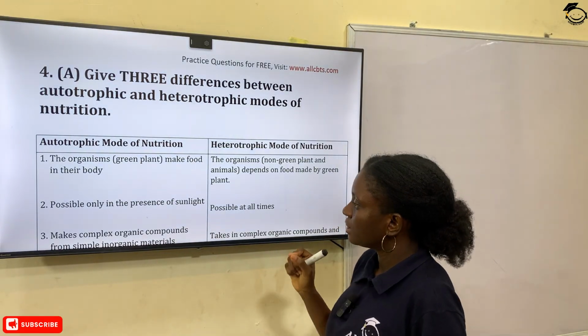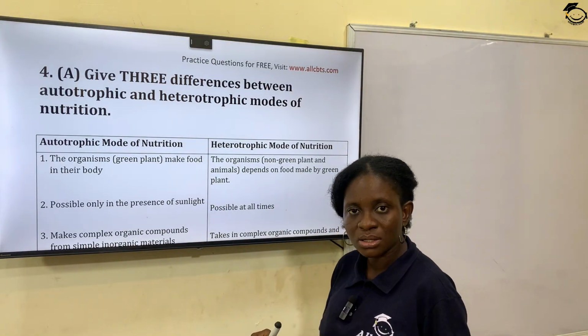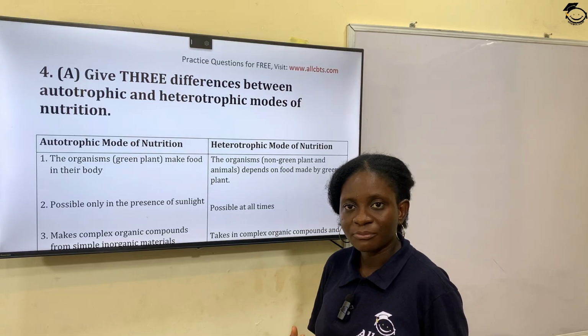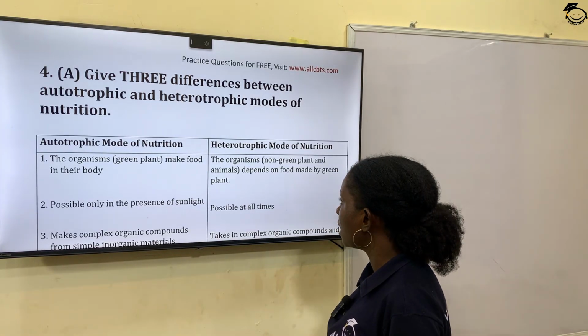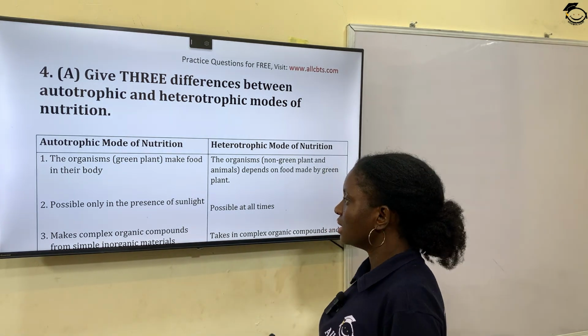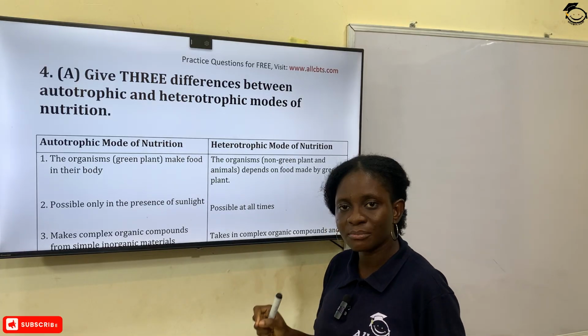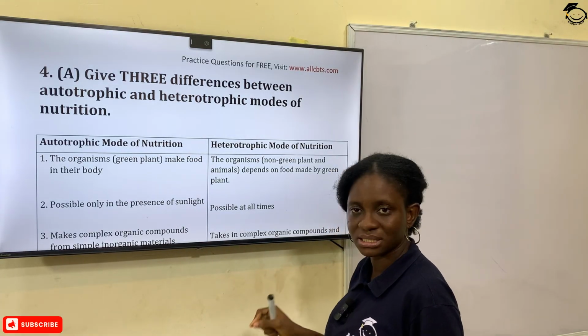2, possible only in the presence of sunlight. Plants can manufacture their food in the presence of sunlight, but for heterotrophic, it's possible at all times. 3, makes complex organic compounds from simple inorganic materials.